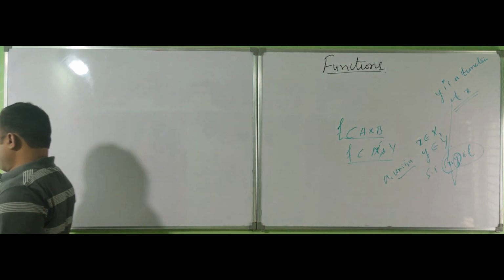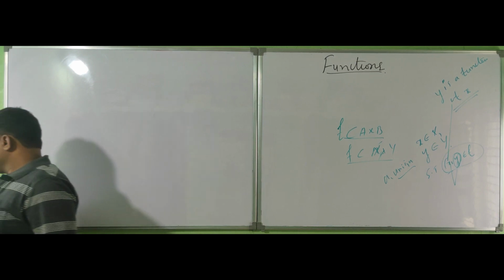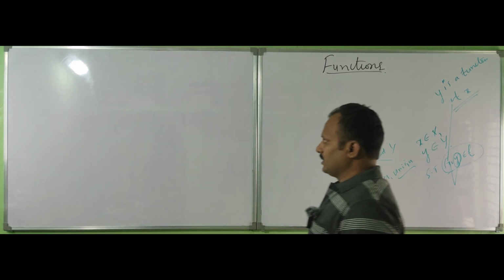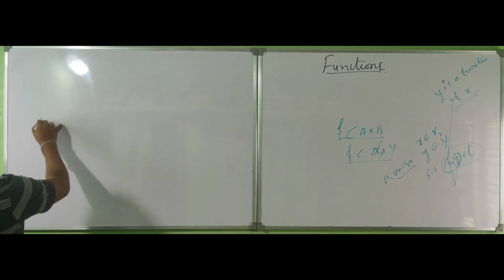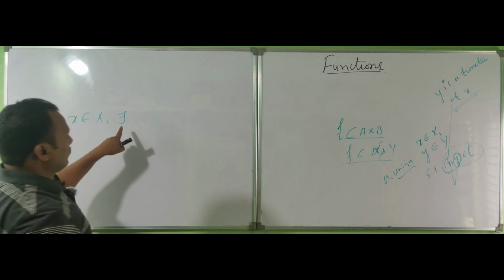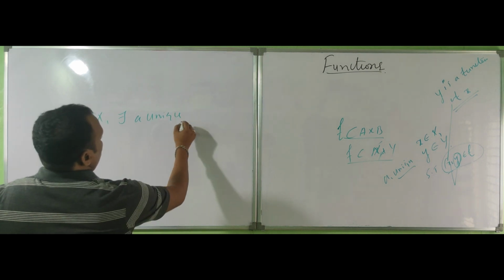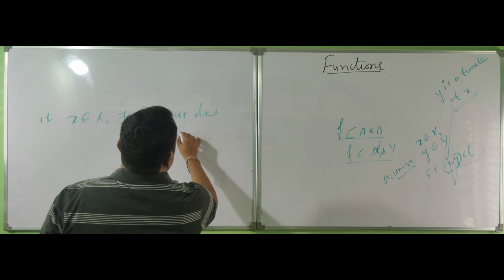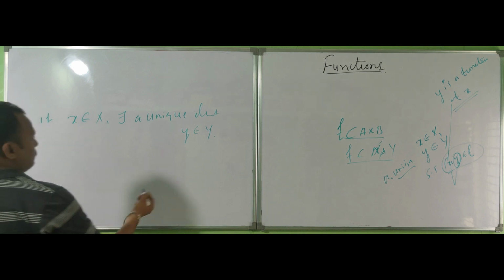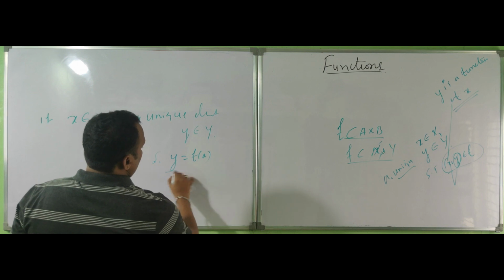Yesterday we already saw some important features also. First one: if x belongs to X, then there exists a unique element y belonging to capital Y such that y is equal to f of x.